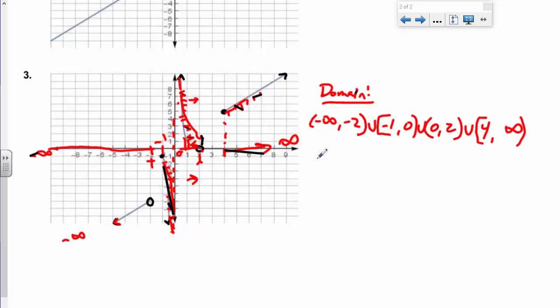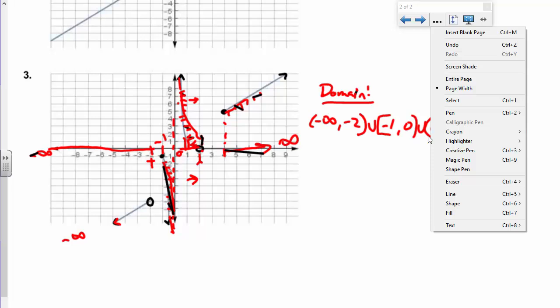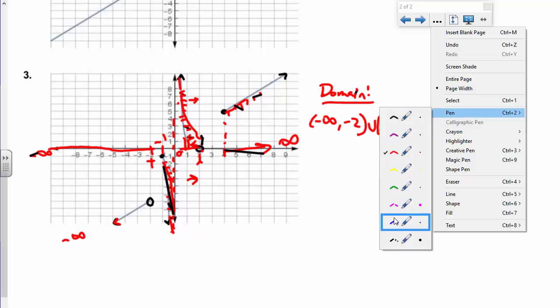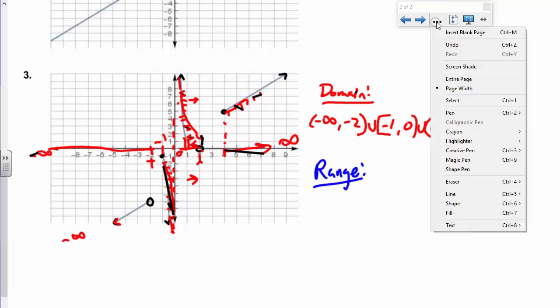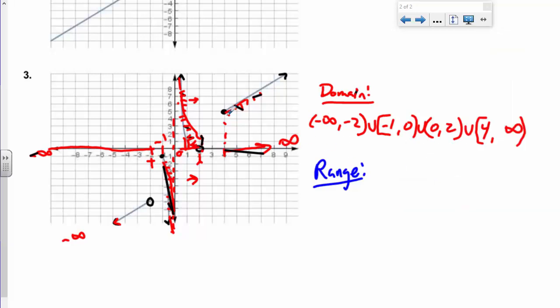So that's the domain, all right? That's what we did there. It's kind of interesting. It's kind of challenging, but once you practice it, it's really not that big a deal. Let's go ahead and do the range, and I'm going to go ahead and clear up this graph that I made a mess of while I was doing all that explanation. So let me erase some of this mess.